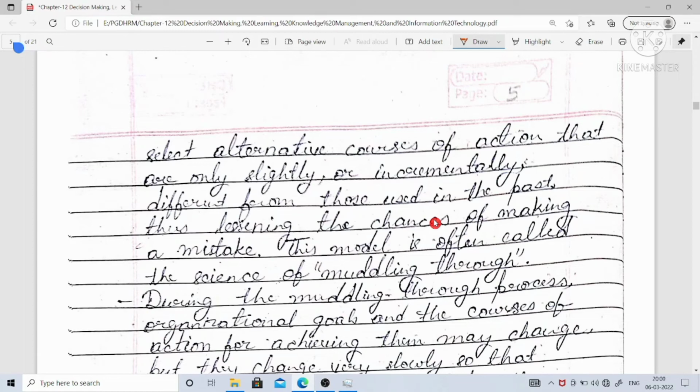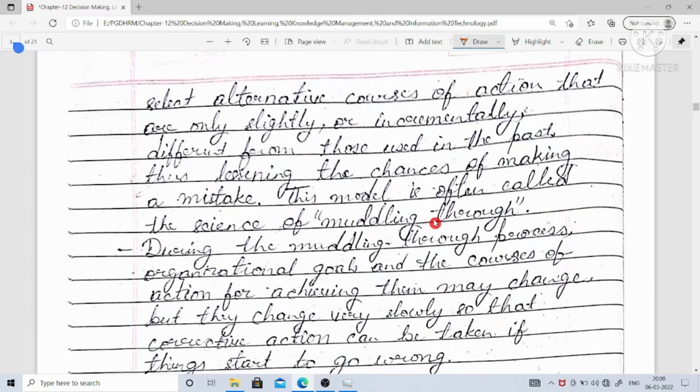Why? So that the chances of making a mistake are lessened. If a slight modification is made in decision making, then the chances of making a mistake will be less.